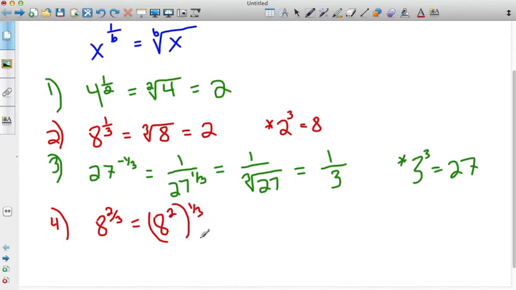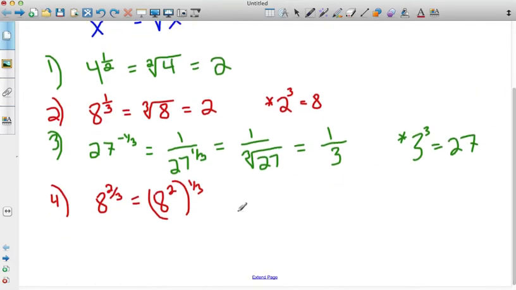What we know from our earlier lessons is that if I have an exponent to an exponent, then I multiply them together. So I multiply 2 times 1/3, and when you have 2 times 1/3, you end up with 2/3.